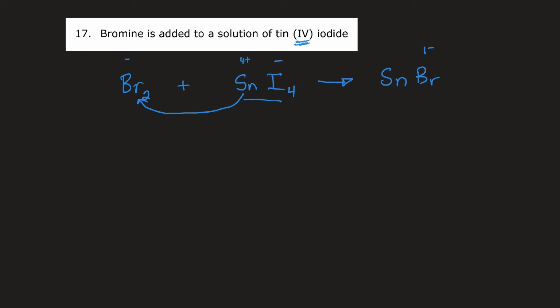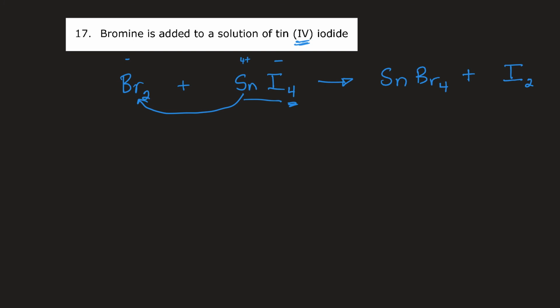Bromine's a 1 minus, tin's a 4 plus. So I need a 4 right there to balance off those charges. Plus, and then iodine goes by itself. And I know when iodine's by itself, it's always written as I2. Okay? Make sure you don't keep that 4 there. Because iodine, when it's by itself, isn't a 4, it's always a 2.